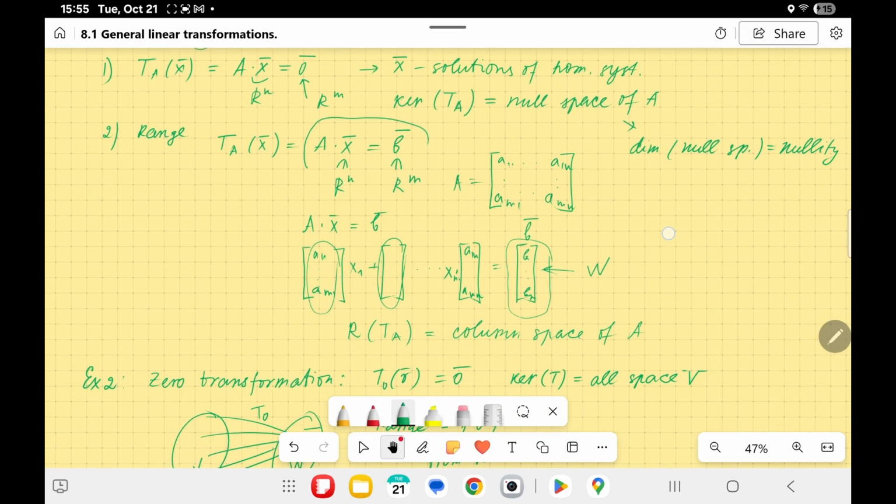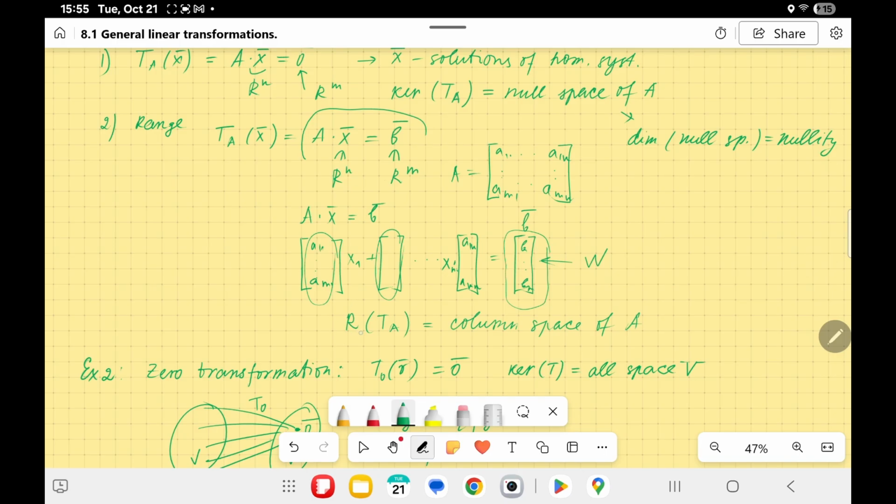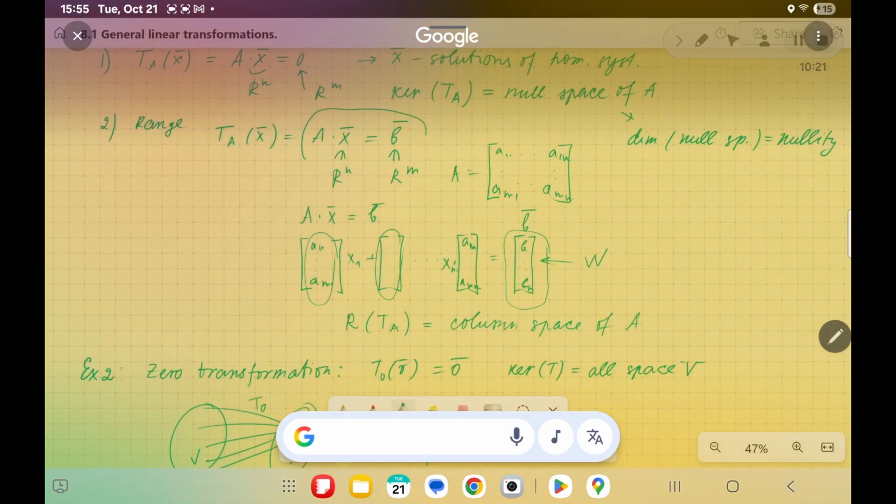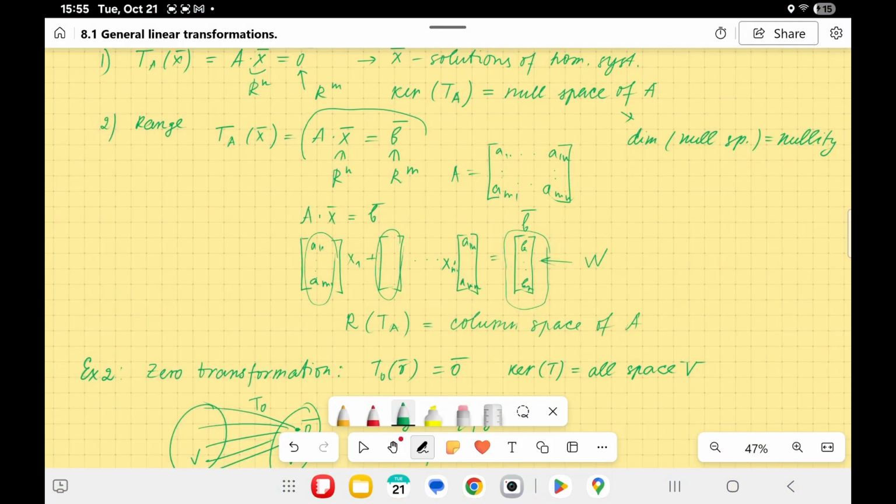And also the range of the transformation, since it's the column space, its dimension is going to be equal to rank.